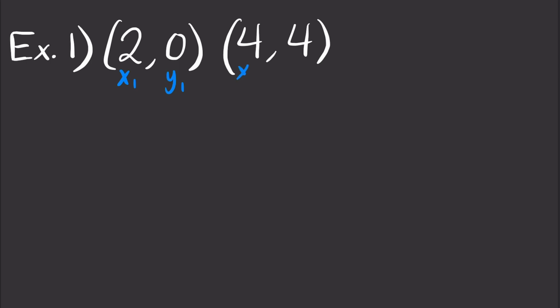That's x2, y2. Alright, once you have that, look up the formula if you forgot it, or I'll just give it to you as well. We do y2 minus y1 over x2 minus x1.